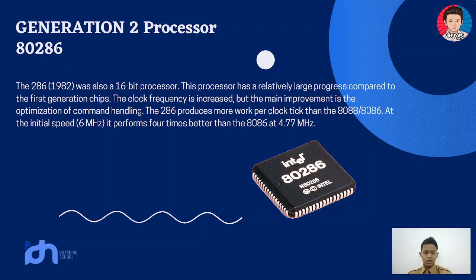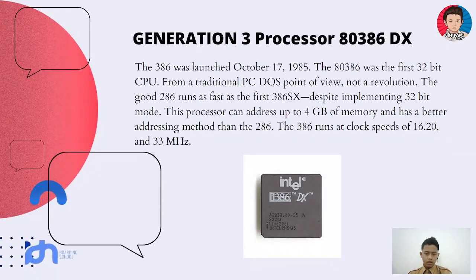Number 3, generation 3 processor, 80386DX. The 386 was launched October 17 in 1985. The 386 was the first 32-bit CPU from a traditional PC DOS point of view.